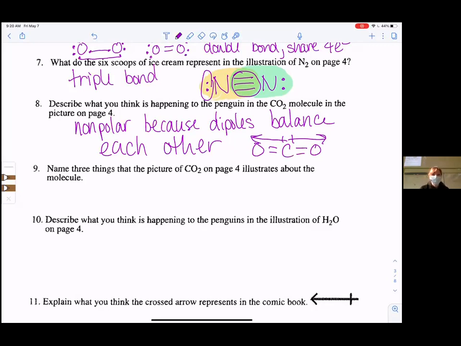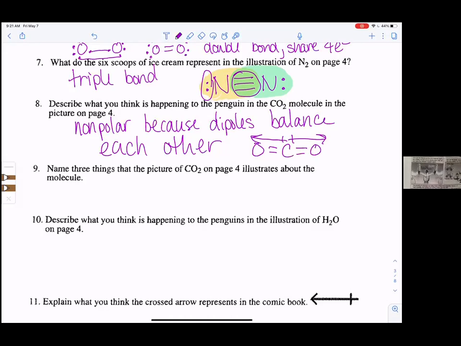Three things that the picture of carbon dioxide illustrated about the molecule. What's one thing that we see that this illustrates about the penguin? Number 9, yeah, number 9. What are some things that you see?